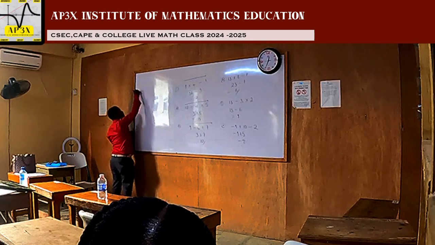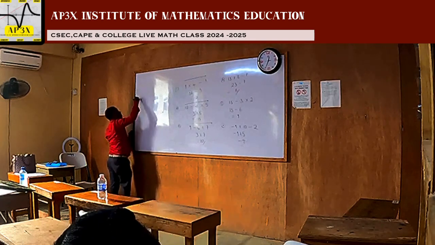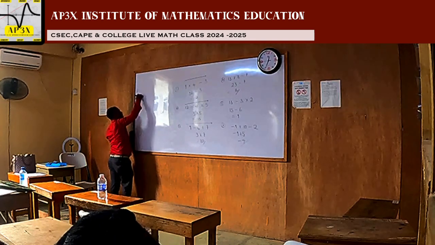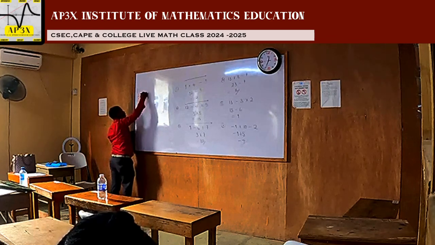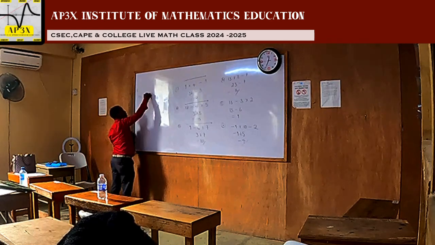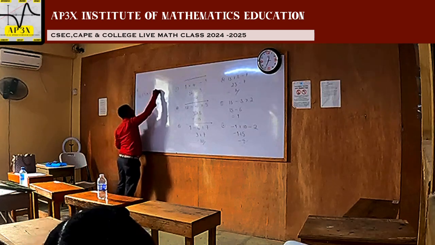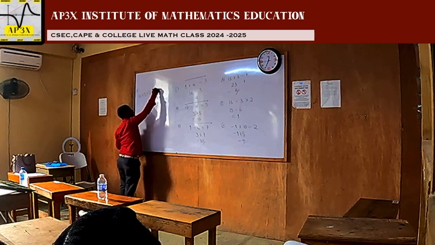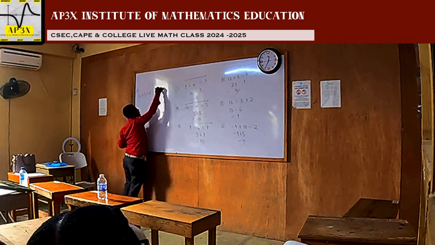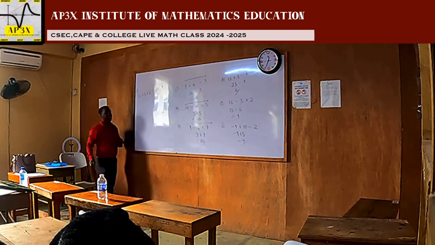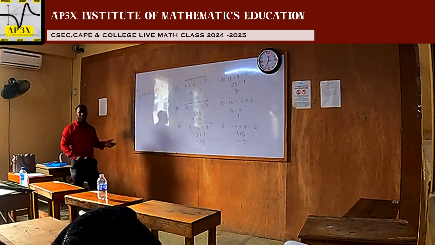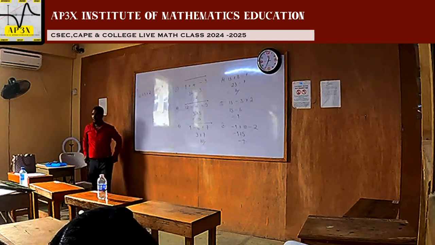Number 7: 15 plus 3 multiplied by 2 minus 8 minus 18 divided by 9. I have to evaluate this problem and I have to show working.